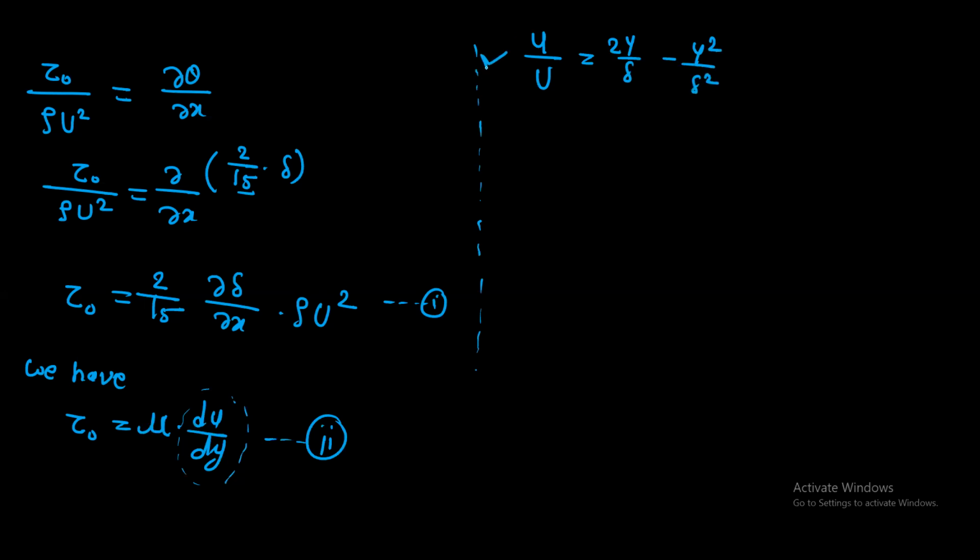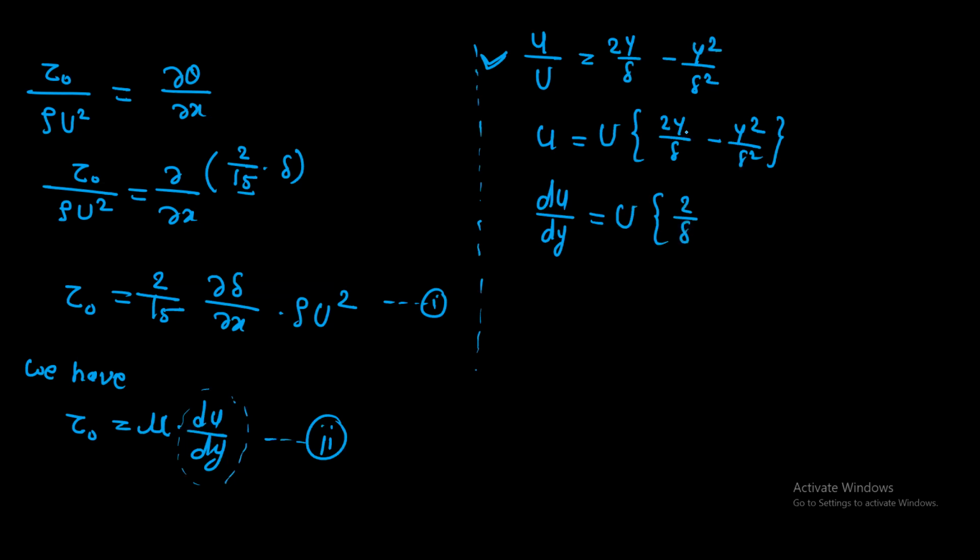So this is given in the question. Okay. So from this, write u equal to this capital U in the bracket 2y upon delta minus y square upon delta square. From this, we can differentiate du by dy. This is equal to, U is a constant, differentiate this term. So 2 by delta is a constant, and dy by dy is 1, minus y square derivative, it is 2y upon delta square.